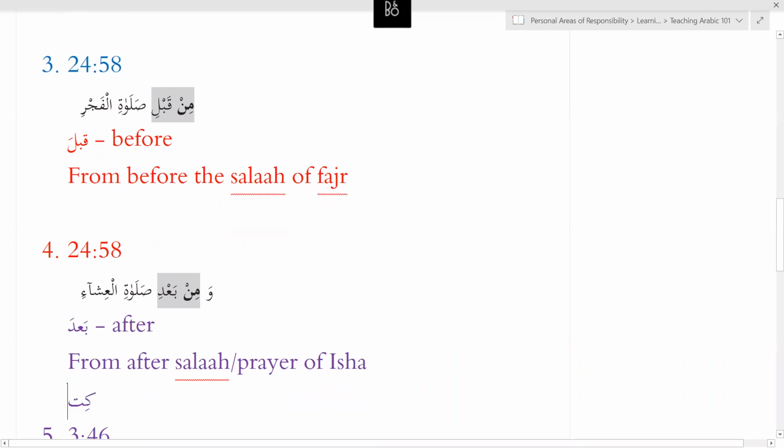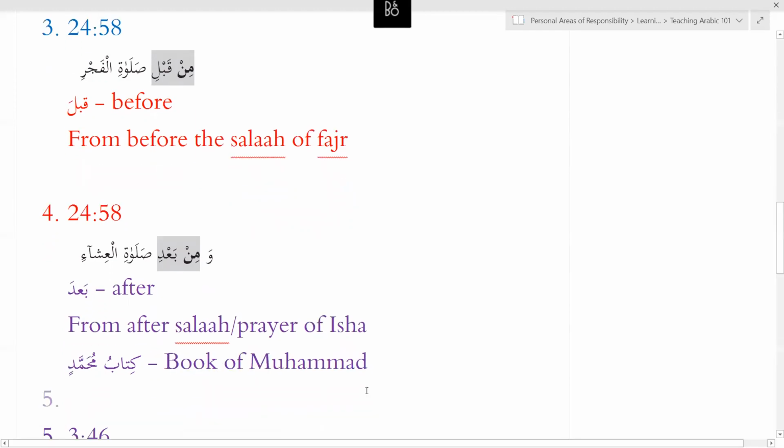If I have Kitabu Muhammadin, Kitab Muhammad, yes, book of Muhammad. What does this mean, Adnan? Kitabu, book, Muhammad, of Muhammad. Okay, of. Now, min. What's min, Adnan? Min is from. Very good. Ghurfa.